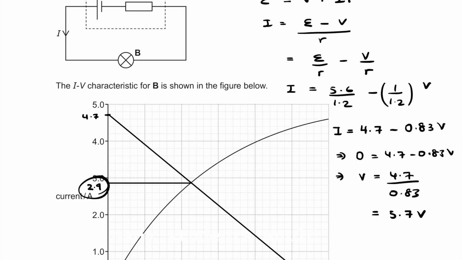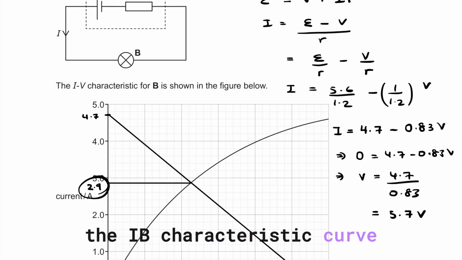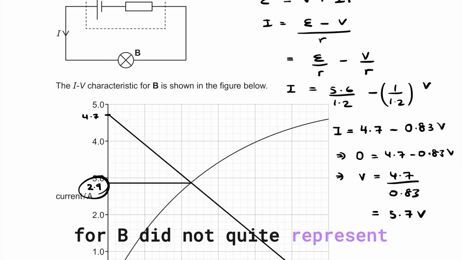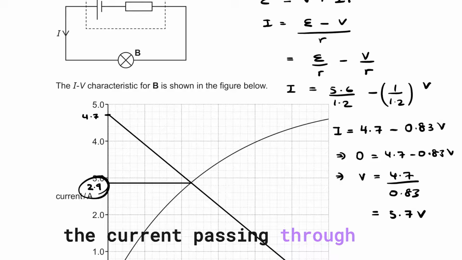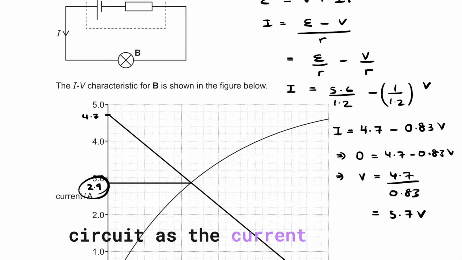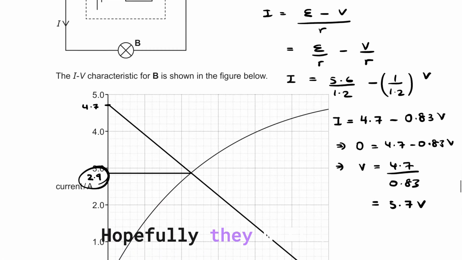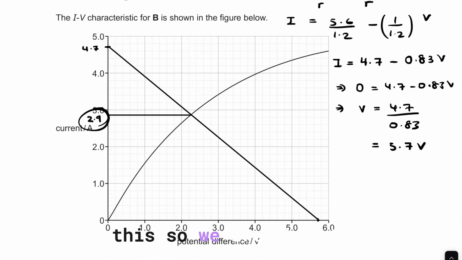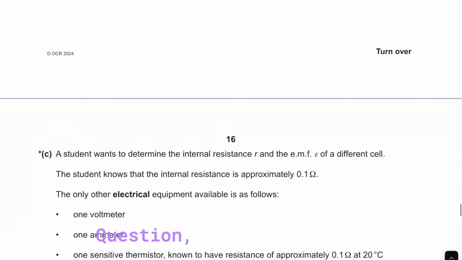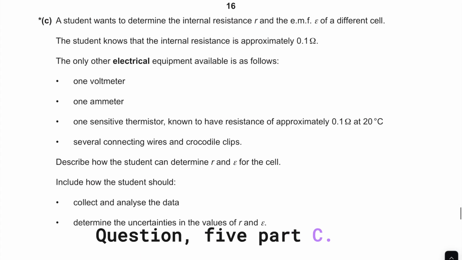I don't know how many students would have gotten this right. The IV characteristic curve for B did not quite represent the current passing through the circuit, as the current varies in the bulb. Watch out. Hopefully they will come up with questions like this so we are able to practice them, but this was quite harsh, I believe. Let's move on to our next part, question 5, part C.